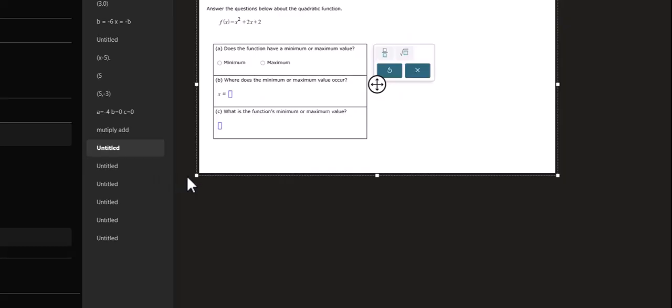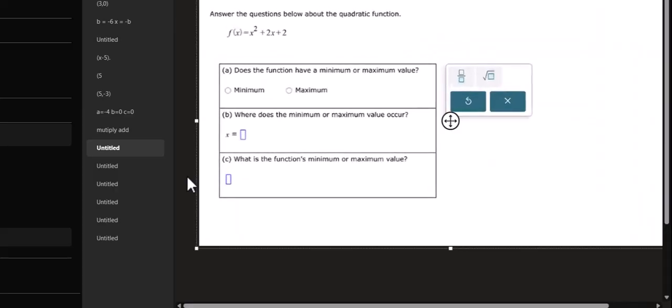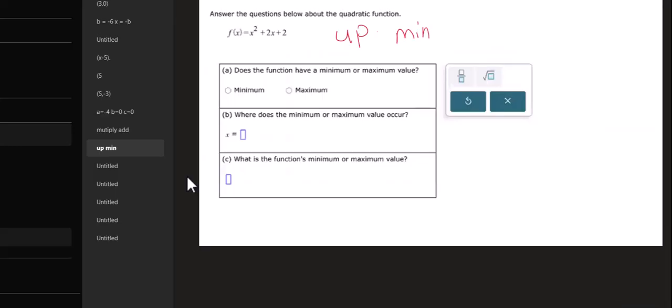Does the function have a maximum or minimum value? So it opens up, that means it has a minimum value. Where does the maximum or minimum value occur? Where is asking x. What is the value is asking y. Where is x? Well, x marks the spot.